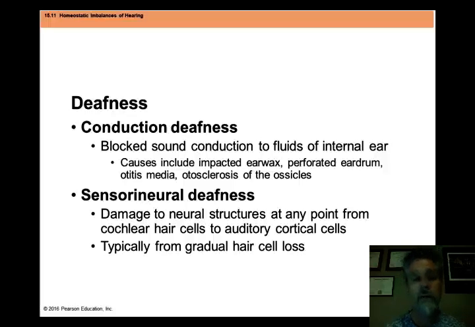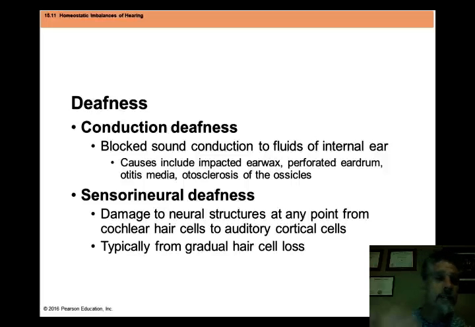But then there's also sensorineural deafness, and that comes instead from the hair cells wearing away, or if there's an area of the brain, like in the temporal lobe, that's not able to receive those signals. In that case, the receptors are doing their job, or the tympanic membrane, etc., but we're not actually getting the signal into the nervous system. So depending on where the damage or the problem is determines what type of deafness and what type of solution there may be.